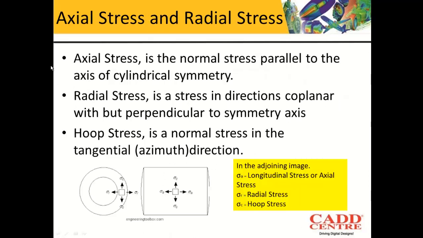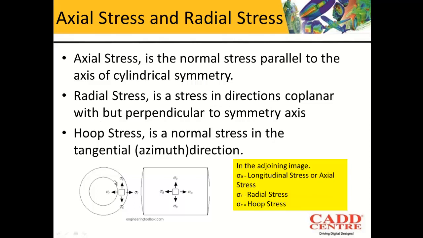Please understand over here, axial stress is the normal stress parallel to the axis of cylindrical symmetry. So if this is your pressure vessel and this is the central axis, the stress in the normal direction will be the axial stress. Then radial stress is the stress in the directions coplanar with but perpendicular to the symmetry axis.